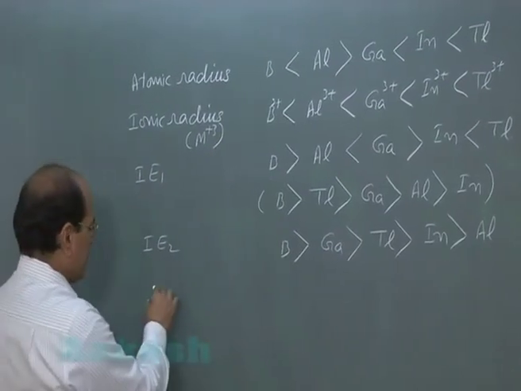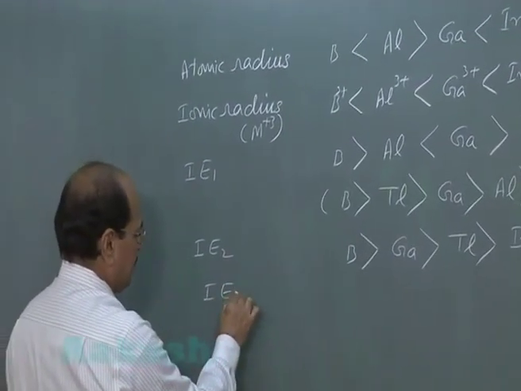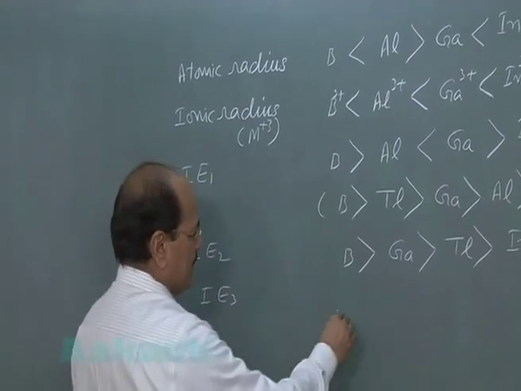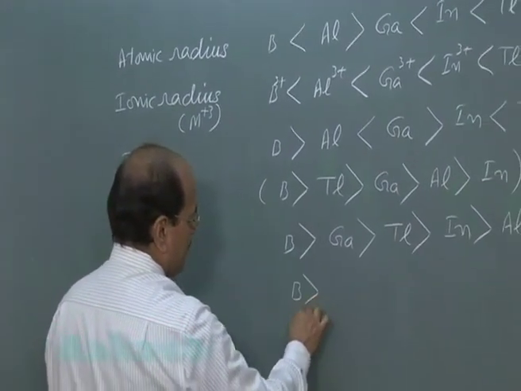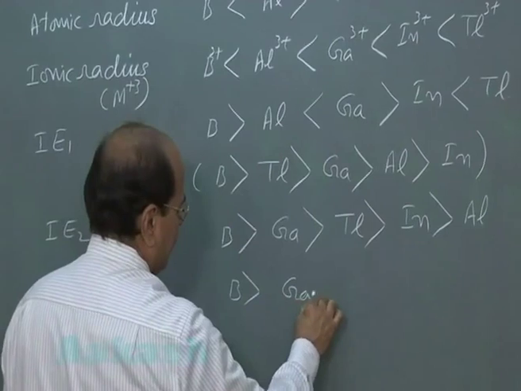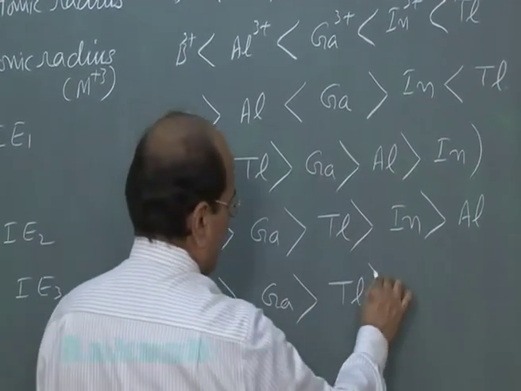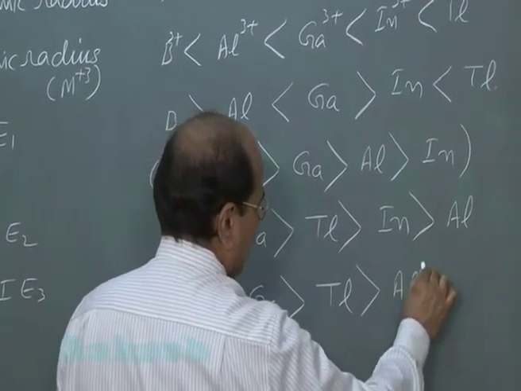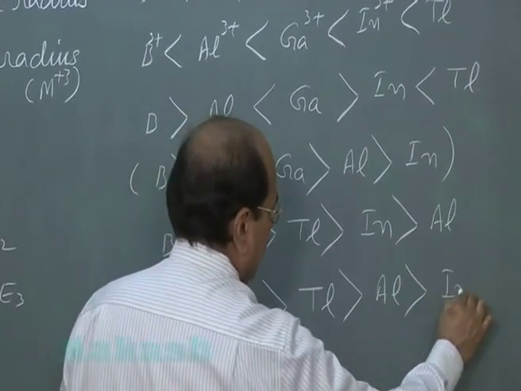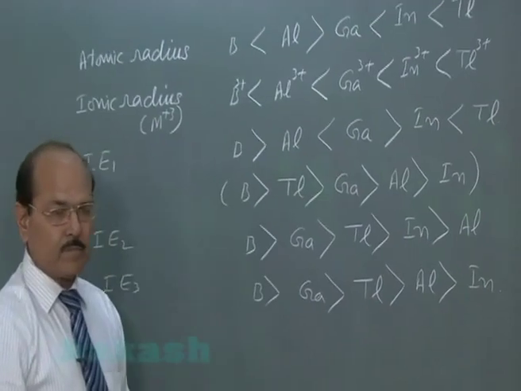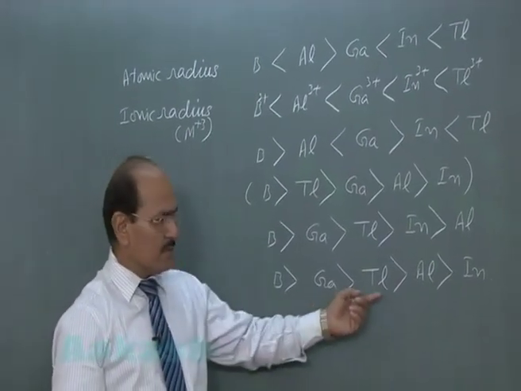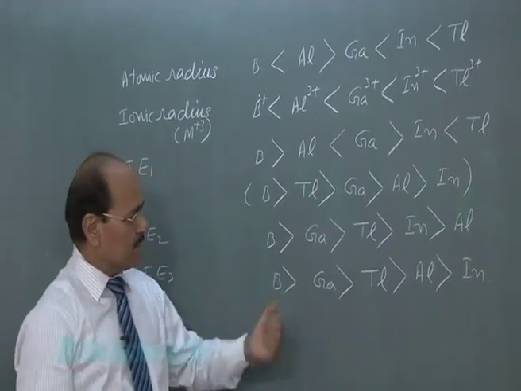The third ionization energy is boron, followed by gallium, followed by thallium, followed by aluminium, followed by indium. This is the trend of the third ionization energy.